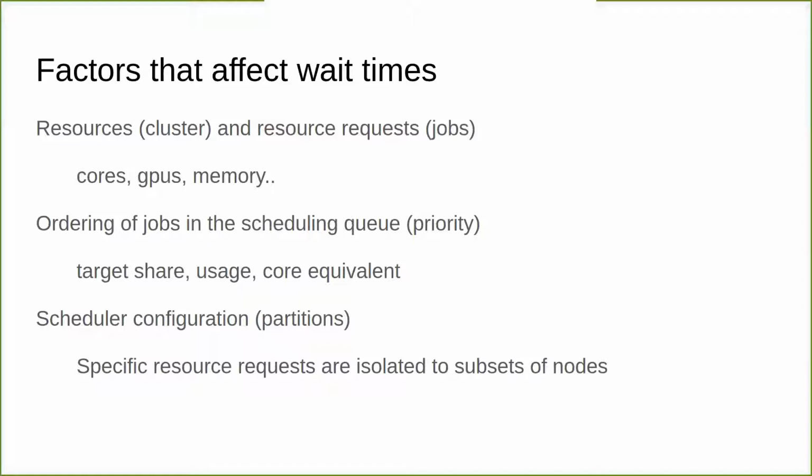This is mostly implemented through partitions on the general purpose systems. And partitions basically make specific resource requests that are isolated to a subset of nodes. So for example, we do allow 28-day jobs to be submitted to the system, but they're only able to run on a very small set of nodes. And this partitioning can really affect the wait time of jobs.